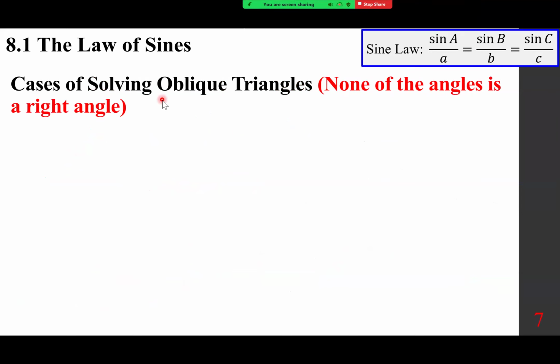Cases of solving oblique triangles, where none of the angles is a right angle. How many cases do we have? Well, we have ASA. Remember, A stands for angle, S stands for side.